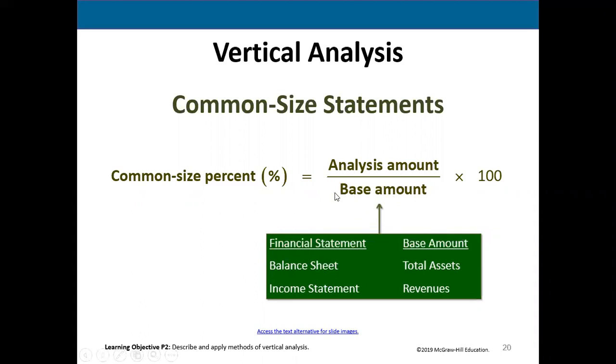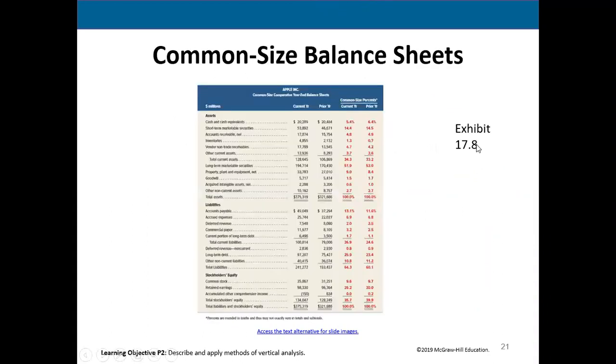So you're always going to use the total asset amount for that year, because vertical's up and down. If you're completing your analysis on the income statement, you use revenues as your base amount. Then you'll take each item for that year on that financial statement and divide it by the base amount, depending on which financial statement you're looking at, times 100.